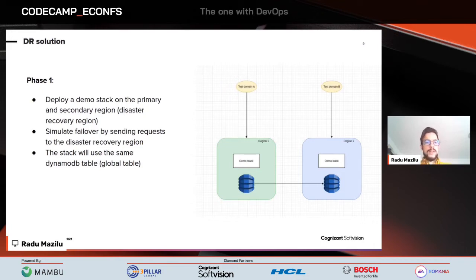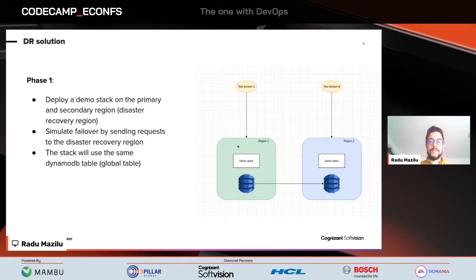So in phase one, it was kind of a proof of concept. We only did this for a stack, which means a collection of 5 to 10 lambdas that are related from a business point of view. And we implemented what I discussed previously.